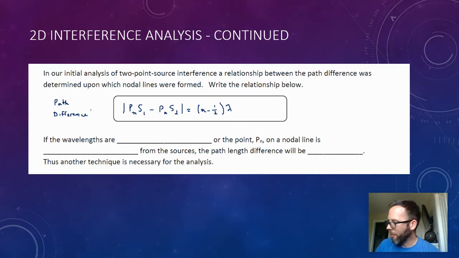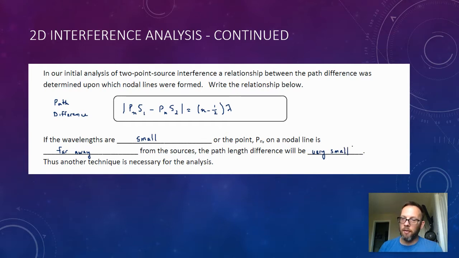The problem is that if the wavelengths are small, or the point P on the nodal line is far away, the path difference will be very small, and it's going to be hard to calculate.